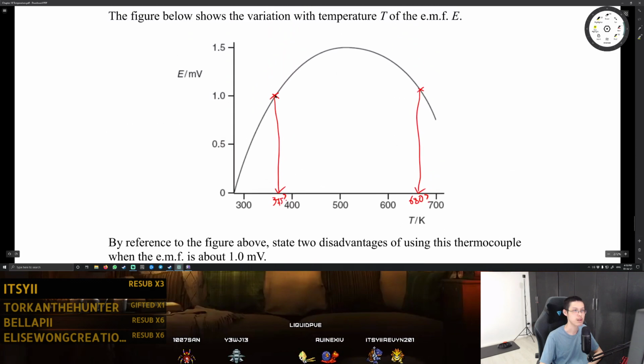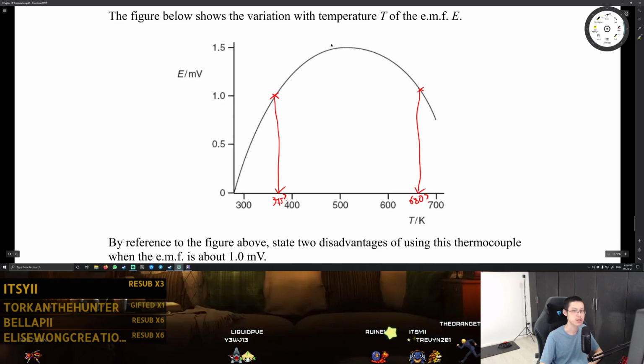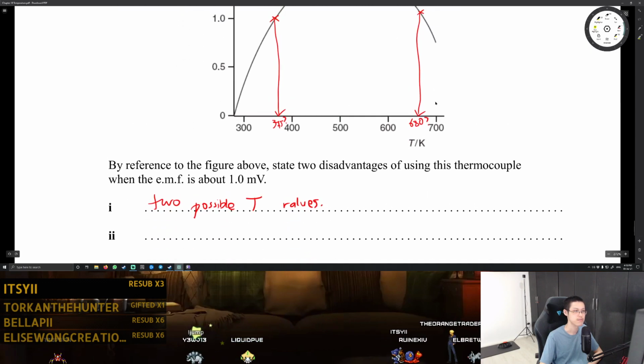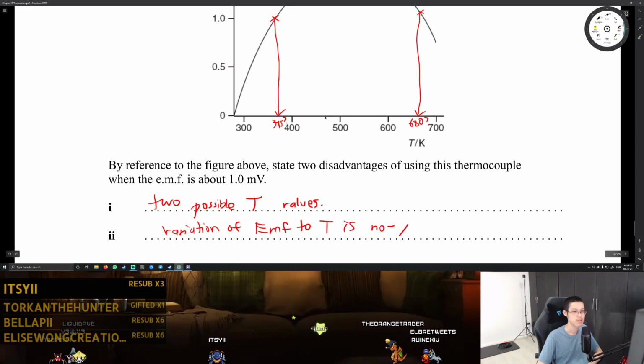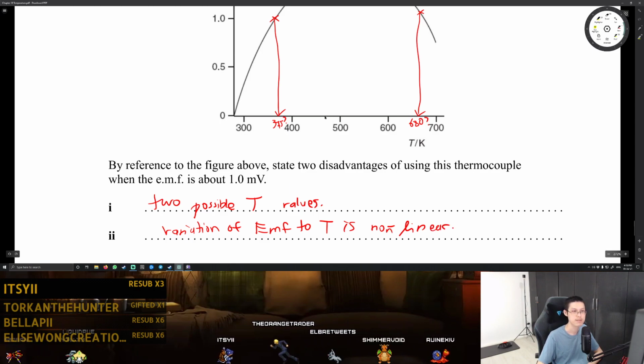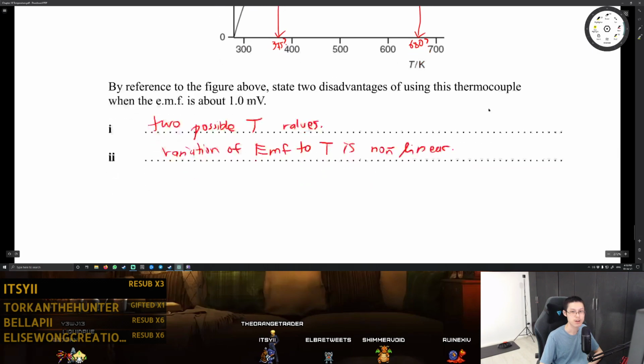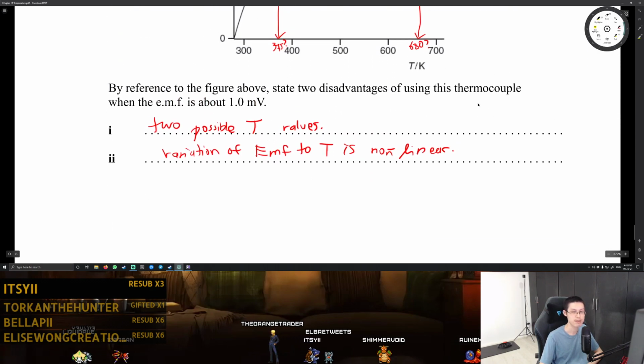So after this point here, it starts to curve quite a bit. So the variation is non-linear. There. Okay, and that's it. We are done.